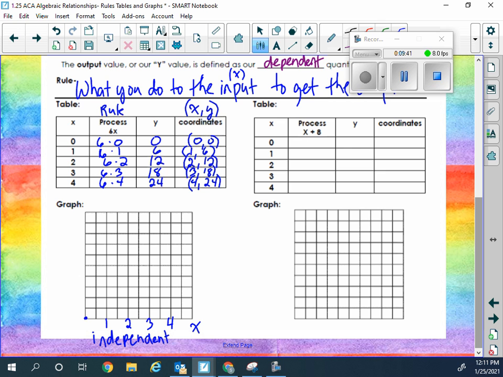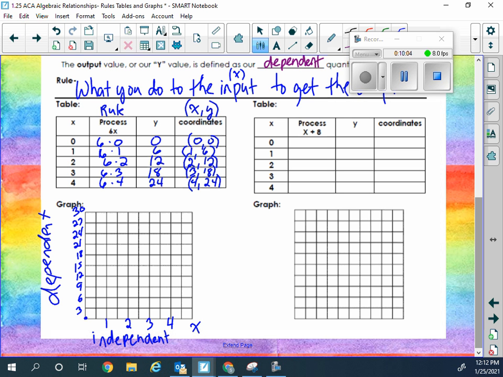So that gets us there. So let's do our 3's. Okay. And this is our dependent, because the outcome is dependent on what we're putting in.